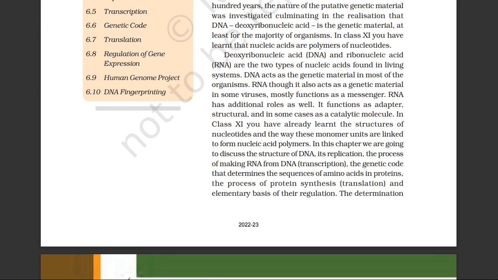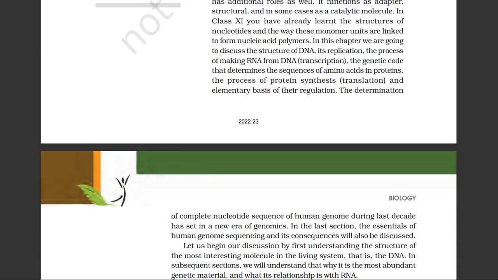In class 11 you have already learnt the structures of nucleotides and the way these monomer units are linked to form nucleic acid polymers. In this chapter, we are going to discuss the structure of DNA, its replication, the process of making RNA from DNA, transcription, the genetic code that determines the sequences of amino acids in proteins, the process of protein synthesis, translation, and elementary basis of their regulation.